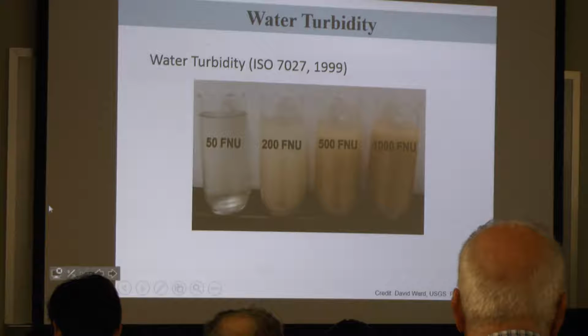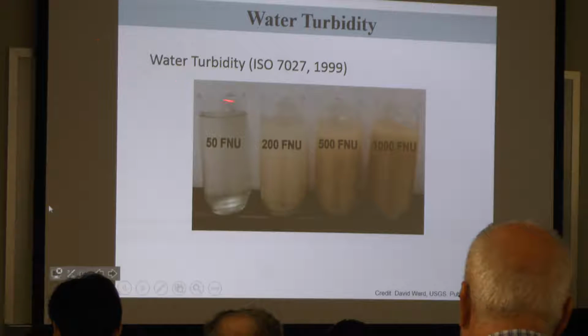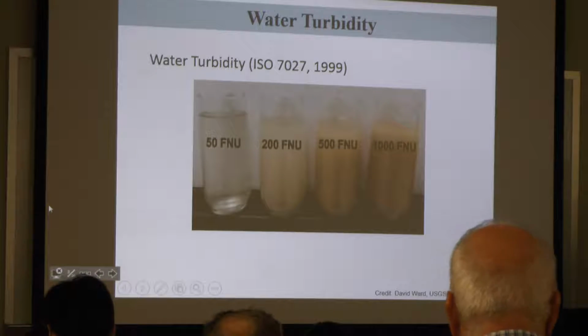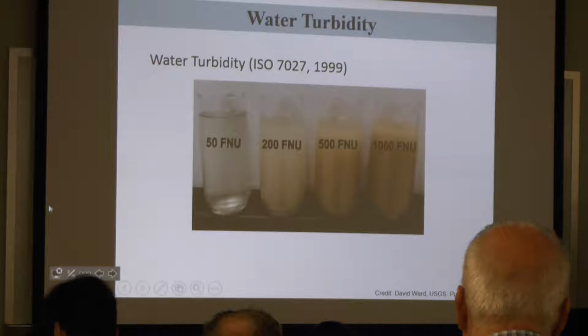In this study, water turbidity is defined in the ISO 7027, published in 1999. It is based on the measurement of the ratio of a suspension formation to the same ratio of the 90-degree scattered light. The unit of the water turbidity in this study is FNU, formazin nephelometric unit.